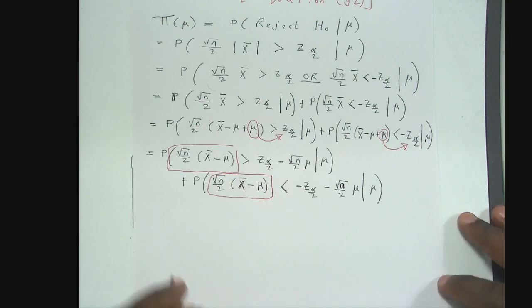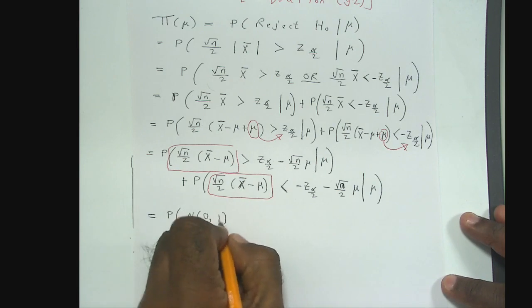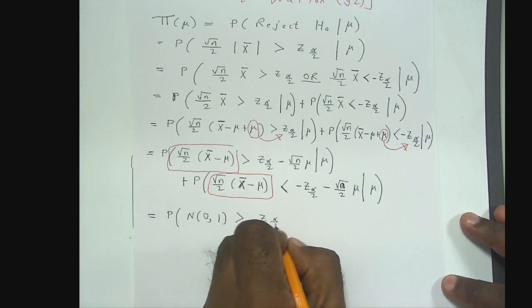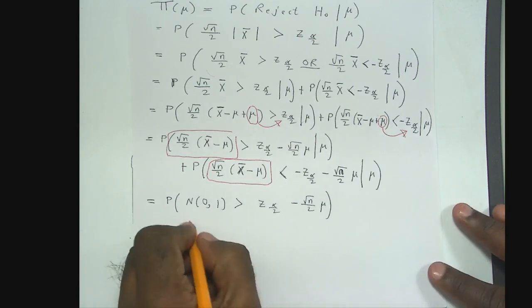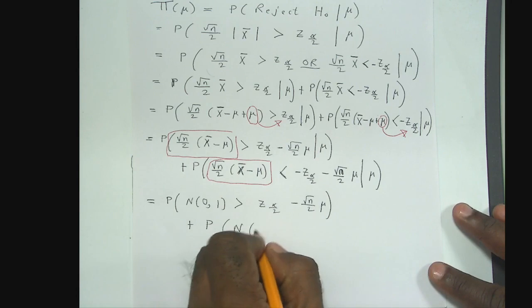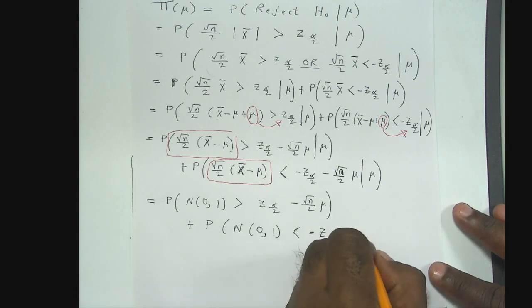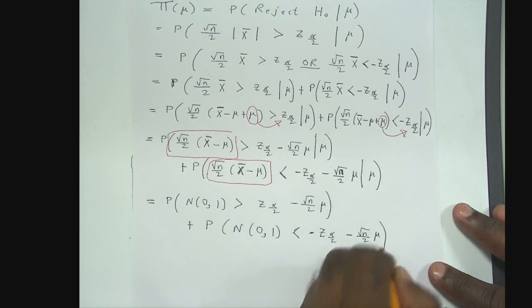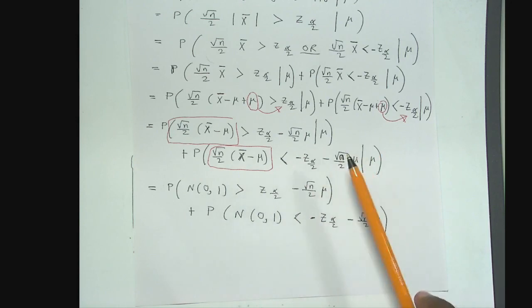And therefore, in this step, you realize that I have dropped the conditioning because the conditioning has been used to argue that these two have the standard normal, and therefore we don't need it anymore, right?